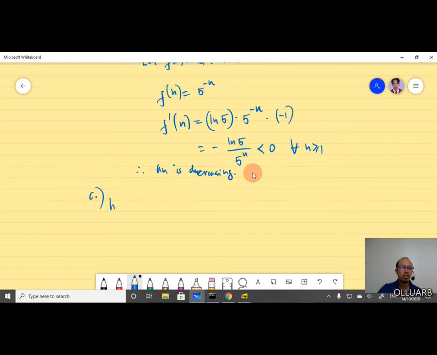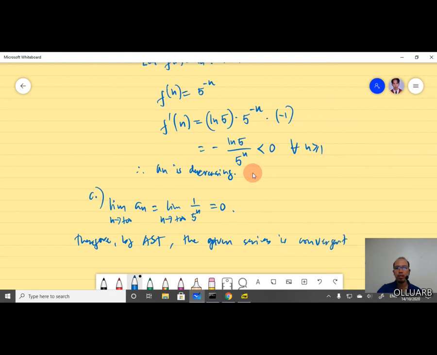Letter C, the limit of a sub n as n approaches positive infinity, we have limit of 1 over 5 to the n. Clearly this is 0. So therefore by alternating series test, the original given series is convergent. Okay, that's example number 3.